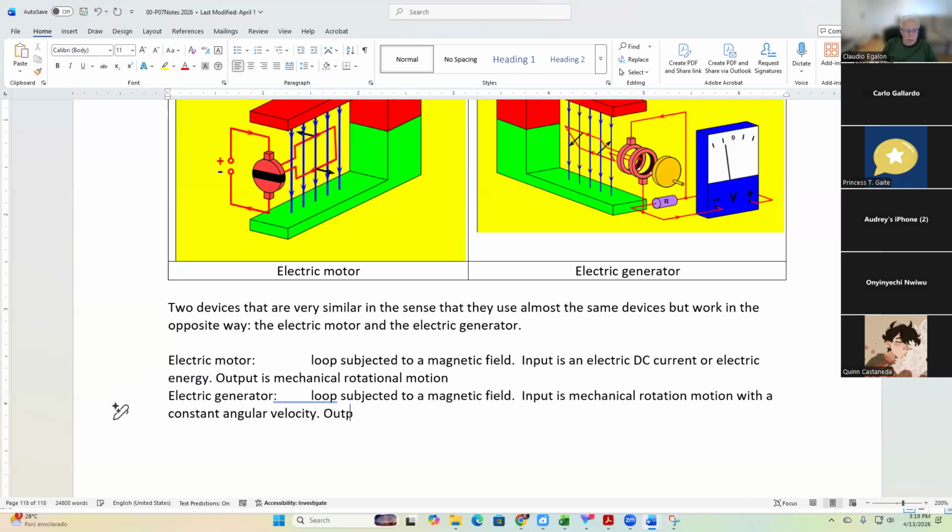Here, the output is current and voltage that varies sinusoidally with time.